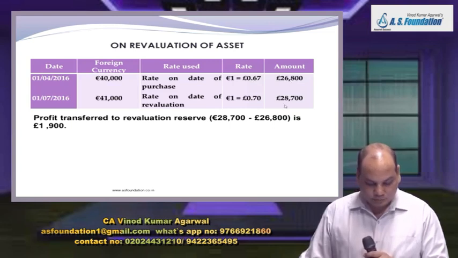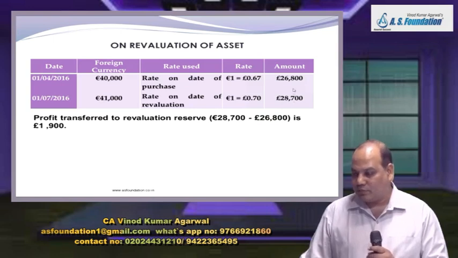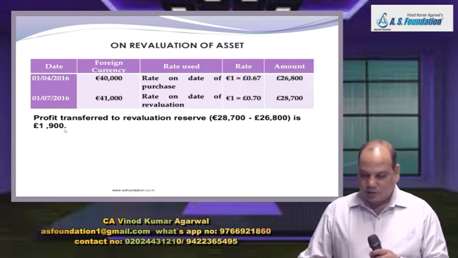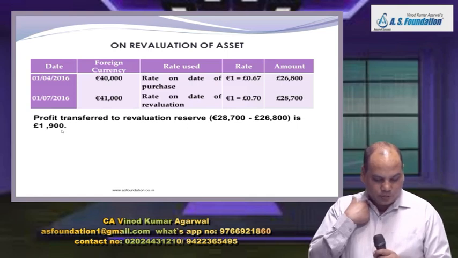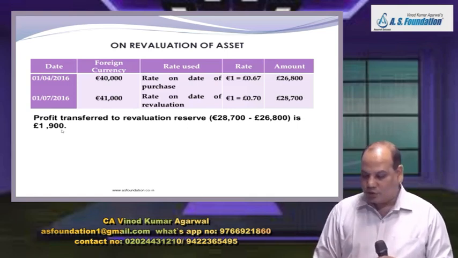And then you will revalue it on 1st July 16. What is the rate on that date? 0.70. Again multiply. So it is worth pound 28,700 now. Is there any appreciation? Yes. How much? 1900. So you will write a note, profit will be transferred to revaluation reserve 1900 pound.